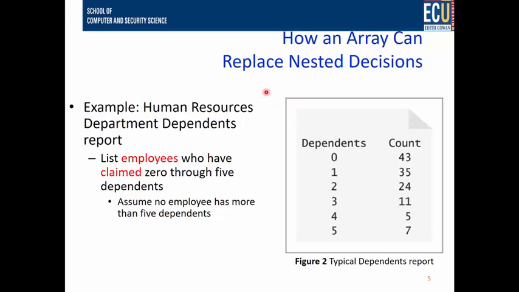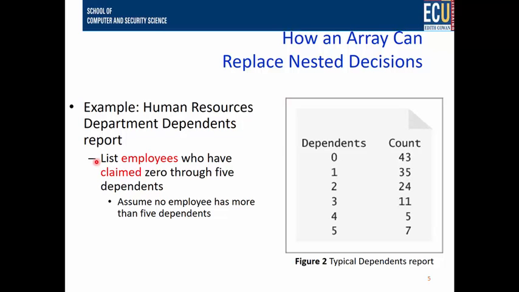So how can they help us in nested decision making style? In order to understand this, let's look at this example. There is the HR department, and they want to identify certain employees who have claimed that they are supporting certain dependents.